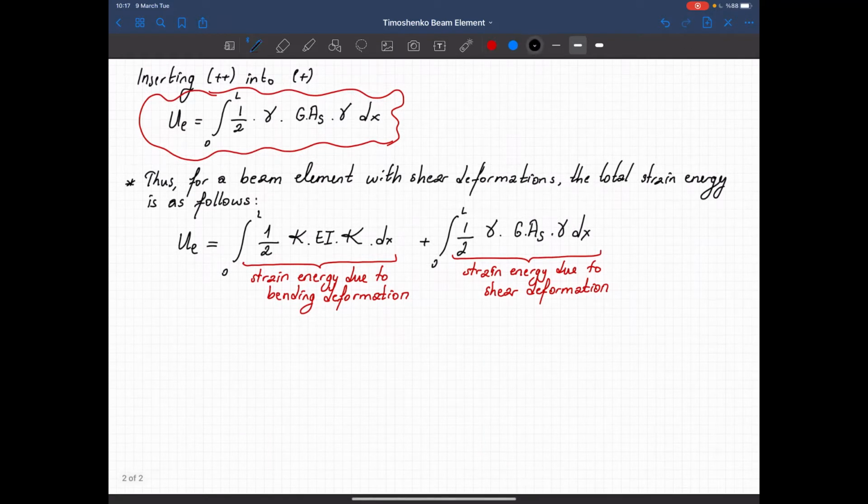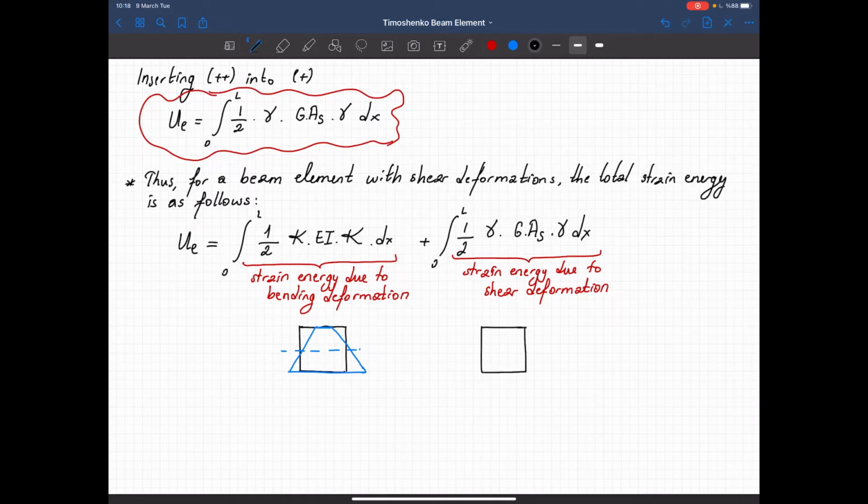So basically, this first part of the equation describes the energy due to the following shape change. Remember that this is our infinitesimal element, and due to the bending deformation, we see a deformation as follows: squares into trapezoids. That's the definition of the bending deformation. And in the second case, again we have undeformed squares.